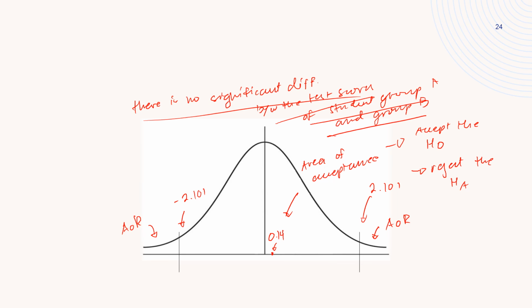Okay, so that about ends our lecture on our first two tests. You have your z-test, one sample and two sample, and you have your t-test, two samples. The reason why I did not discuss the one sample t-test or the paired t-test is because it's quite an easy formula for you to follow.